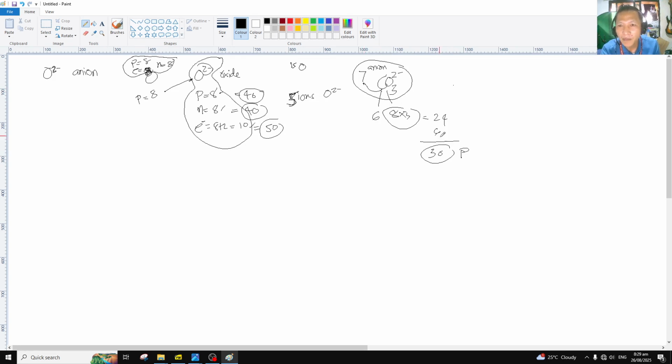The problem says 7, so 30 times 7 is 210. There would be 210 protons for 7 anions of carbonate.